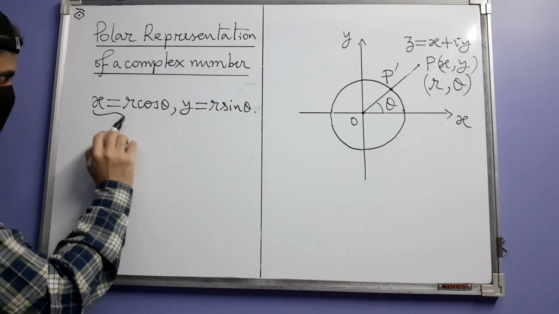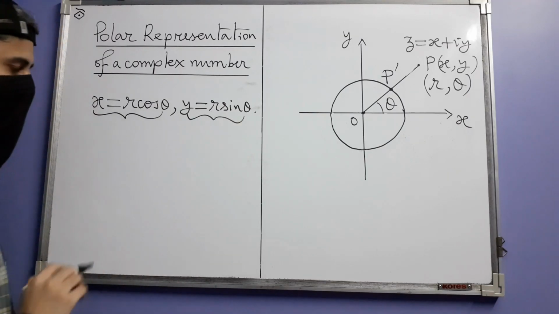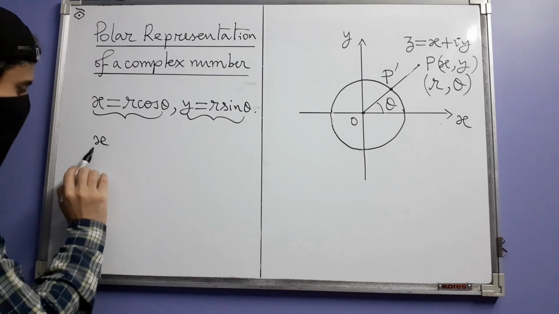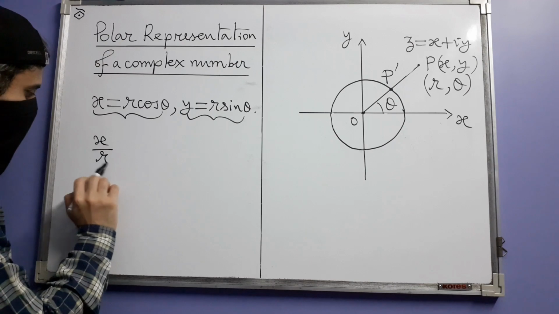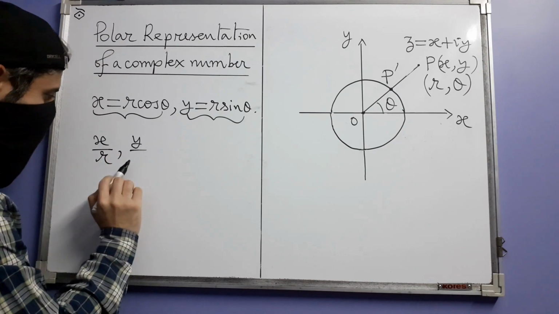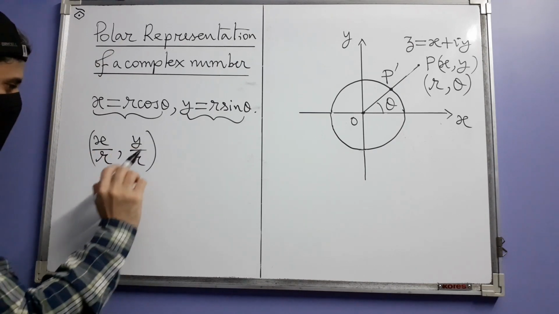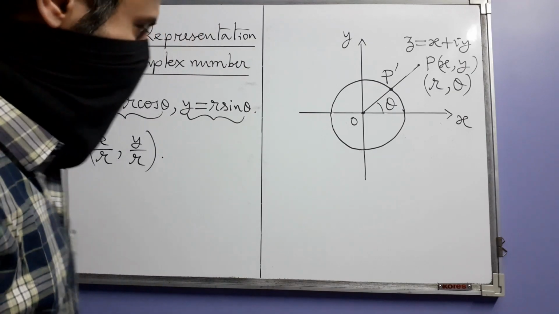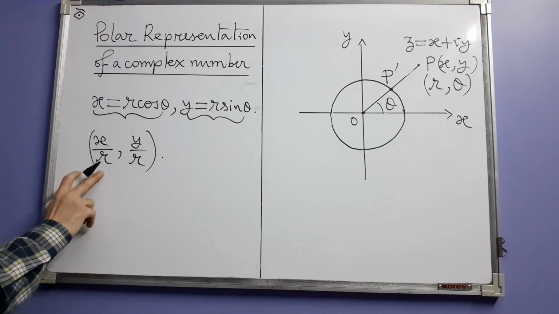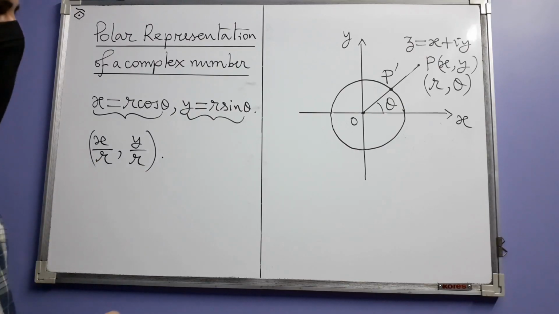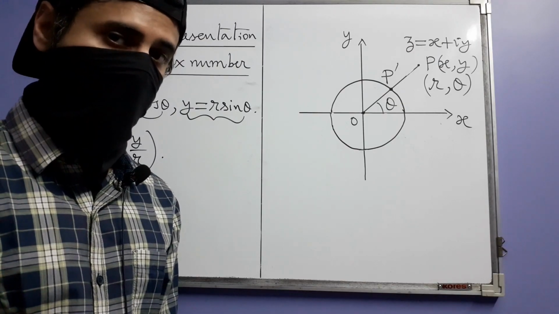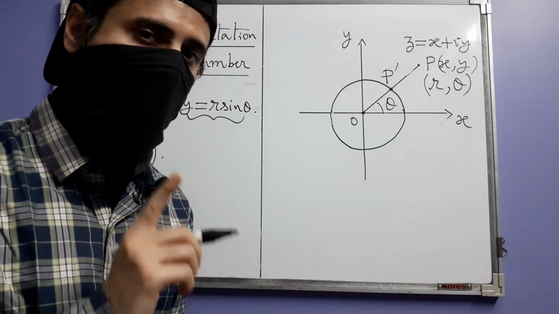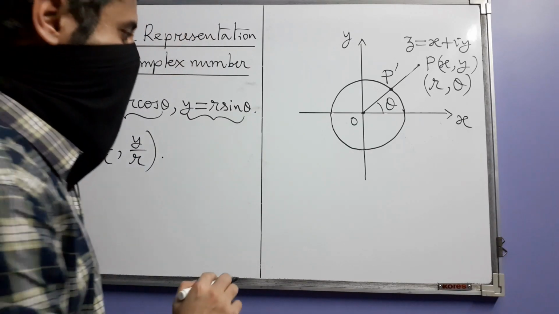Okay. Now, we want to know how these relations arise, right? You consider this point in the Cartesian plane. Are you able to divide by r? Yes, you are able to divide by r, provided r is not equal to 0.